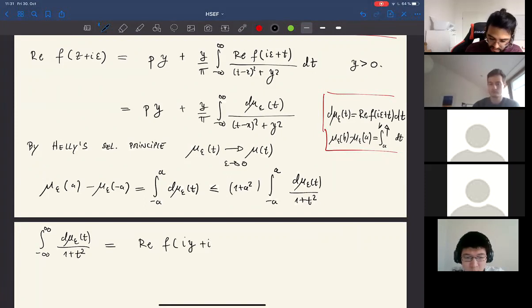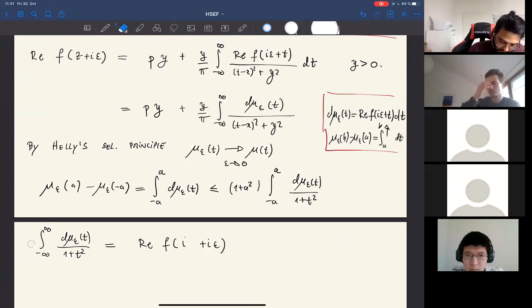So x is 0 and y is 1. Oh, there is a p here. So p plus this equals that. I just go here in this formula and put z equals i, and then you get this.